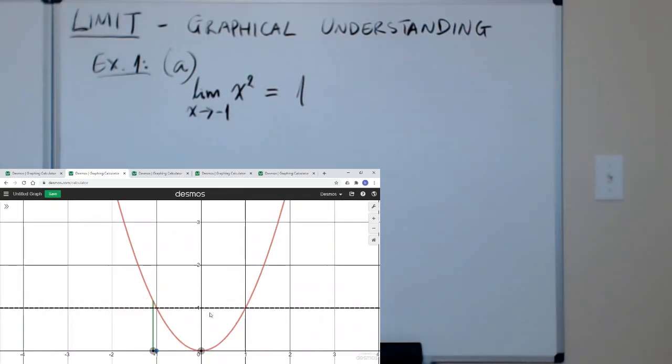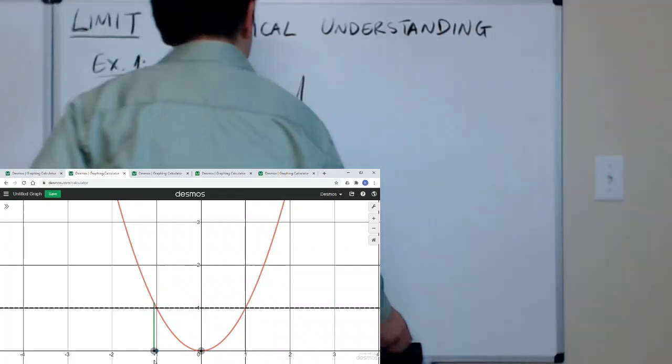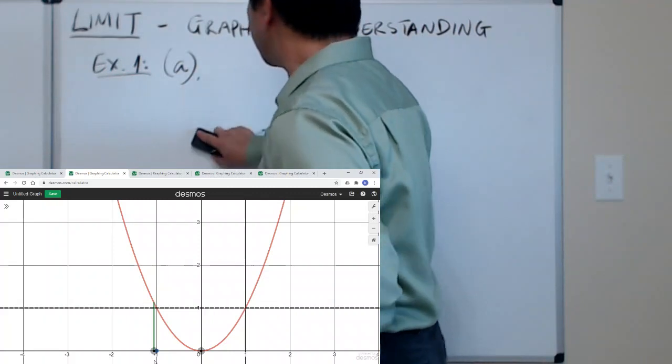It looks like it's making its way to get close to y equals 1. So from far away, and now getting closer to -1, our green height keeps dropping, but it's not going to go further down below 1.